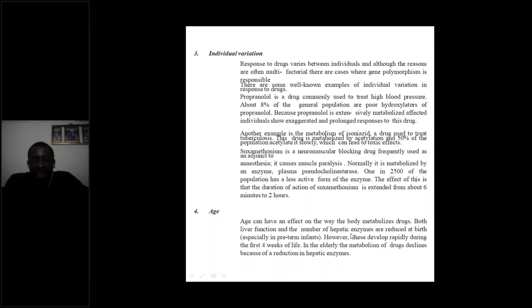So those activities are reduced. If you don't take that into cognizance and you give the normal dose you give a healthy child, you may see unwanted side effects. It will seem as if the child took an overdose. From four weeks, there is rapid development of these enzymes.